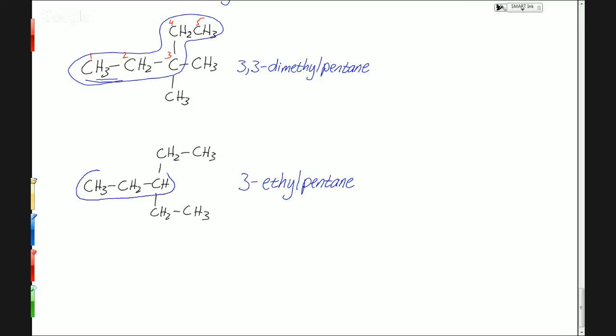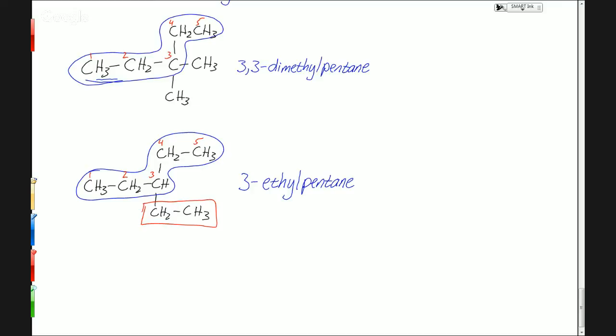Same thing, this is our longest chain, that's 5, that's pentane. 1, 2, 3, 4, 5. Now there's only one substituent here because that CH2, CH3 is all coming off of the same carbon. So this isn't a dimethyl thing. Those two carbons are part of the same substituent. So we have to think about them all together, which makes them an ethyl substituent instead of a methyl substituent, a 2-carbon piece. So that would be 3-ethylpentane.